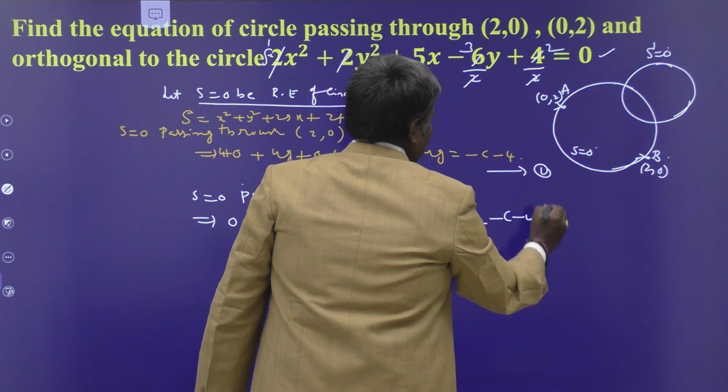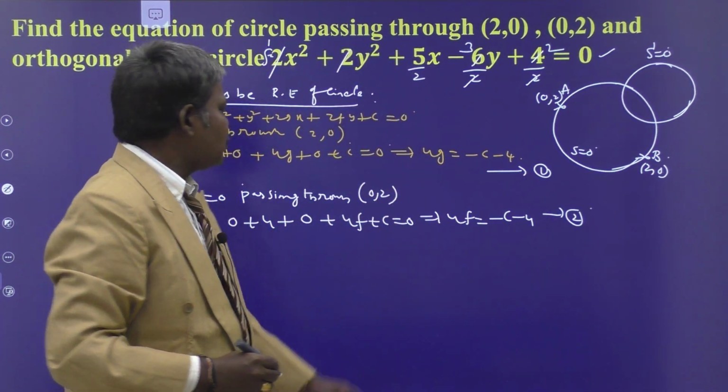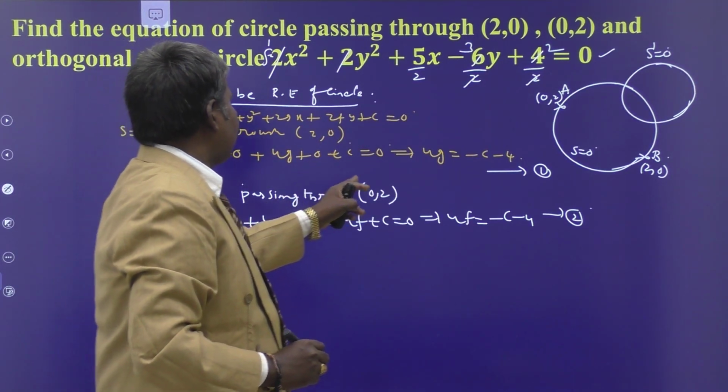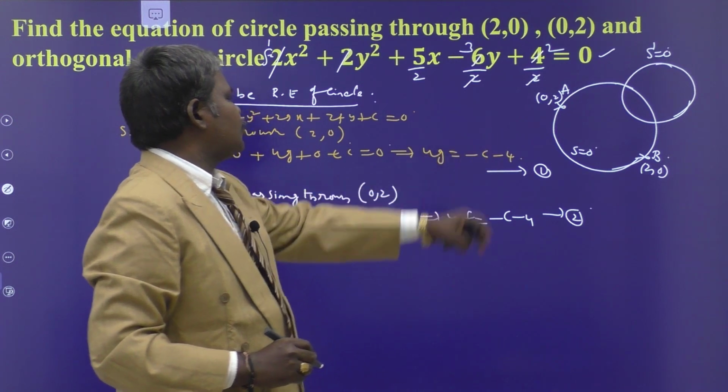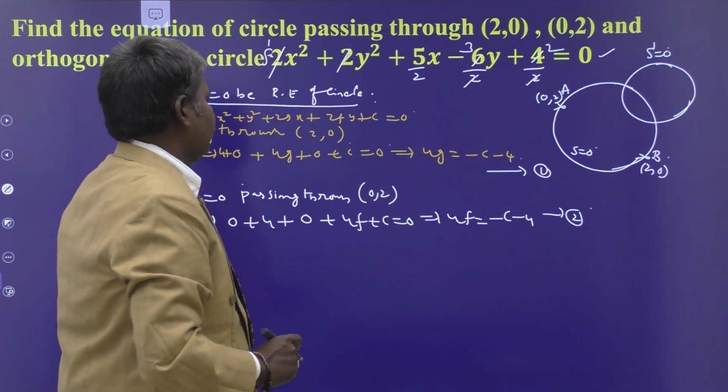This is equation number 1, this is equation number 2. We have two equations by substituting the points itself. So 4g = -c - 4 and 4f = -c - 4.